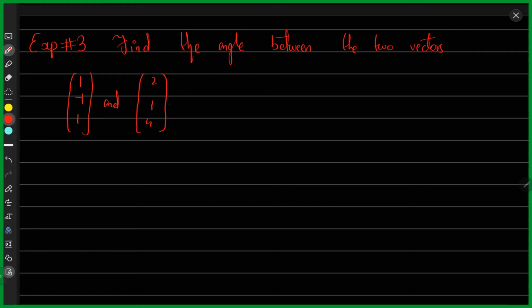Okay. So you have been asked to find out the angle between the two vectors, and this time around the question does not say to find out the dot product or stuff like that, but still we'll be doing that. Why? Because I know that if I will take the dot product of these two, I would get the dot product is equal to the magnitude of the first one.